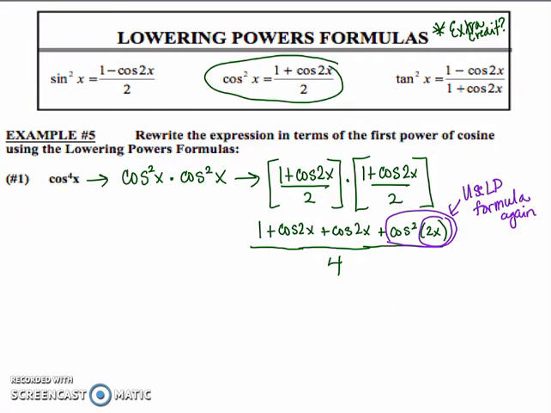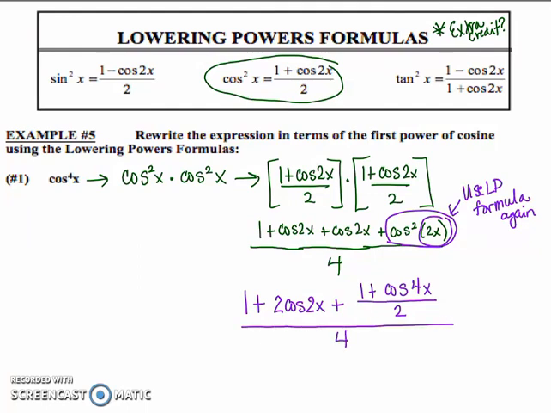So I have to be very careful about how I plug that in. Let me show you. So my numerator is going to become 1 plus the cos 2x plus the cos 2x. There will be 2 cos 2x plus, and now I'm going to use the lowering powers formula. So it's going to be 1 plus cos, but 2 times my x value is really 2 times 2x, which is going to make cos 4x, and that's going to be divided by 2. That's all in the numerator, and this is all over 4.